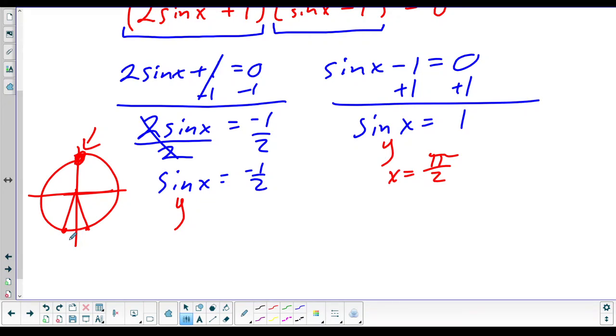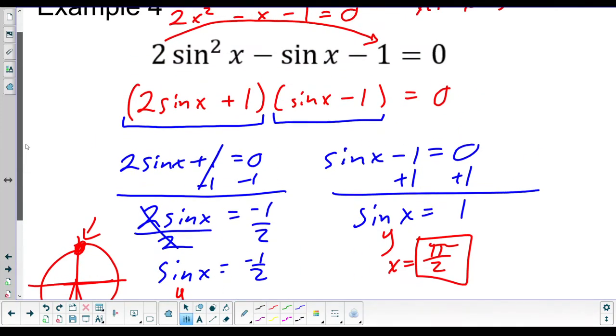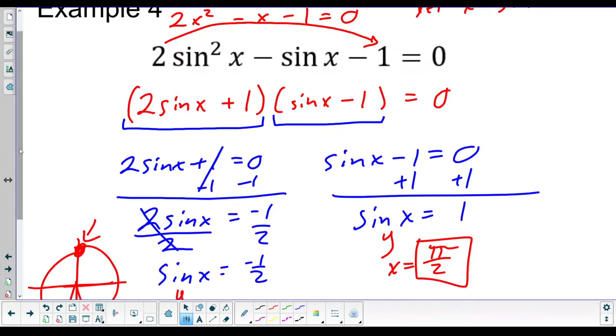They are 7 pi over 6 and 11 pi over 6. Okay. So these are our three solutions to the equation in the first 2 pi, or in the first period of our sine function. So there you go.